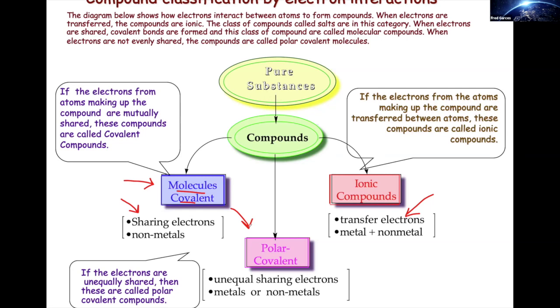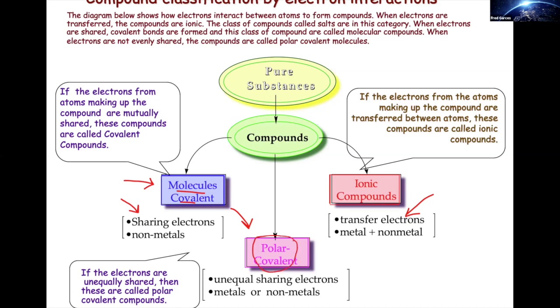Electronegativity is defined as the attraction for bonded electrons. If one atom has a greater electron affinity than the other, then it's not going to be equally sharing those electrons. So this is the case where we have polar covalent. So these are the three types of chemicals that we have: complete electron transfer, electron sharing, or unequal electron sharing.